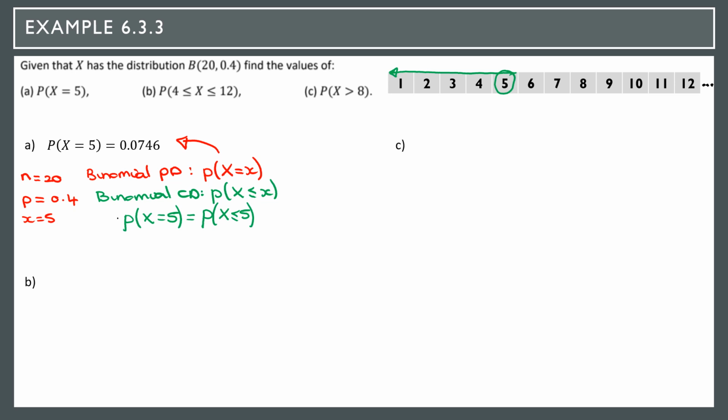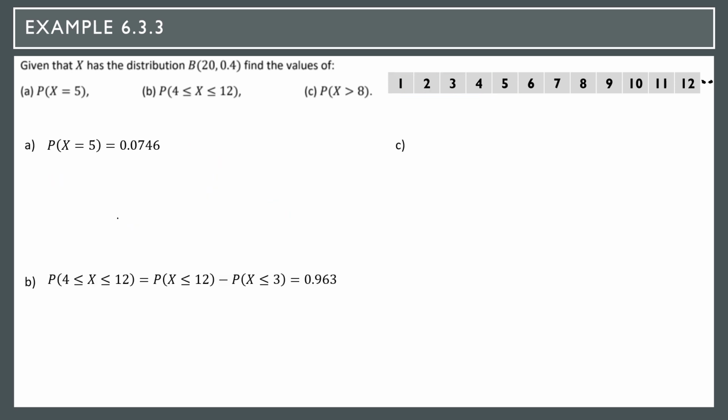Then because we want 5 on its own, we take off the probability that x is less than or equal to 4, so if we use our CD function again, but this time with a value of 4, then we will be left with 5 on its own. So we can find the probability that x is equal to 5 this way using the CD function on our calculators. If you haven't already tried that, please do, and you should get the same answer as you did earlier.